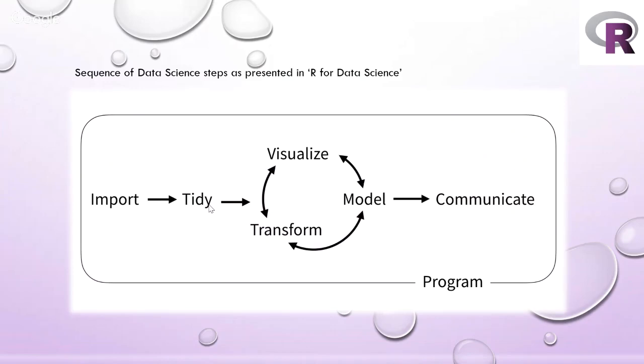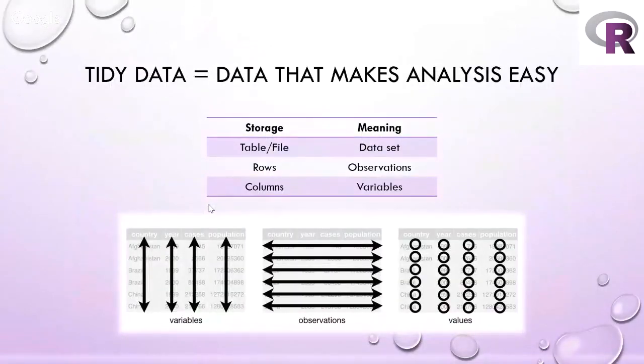So now today we'll be studying tidy data. So what is tidy data actually? Any data that can make our analysis simple or easy is known as tidy data. When we import the data, it can be of any form, like a text file, a CSV, data from HTML, a JSON file, or many other different things.